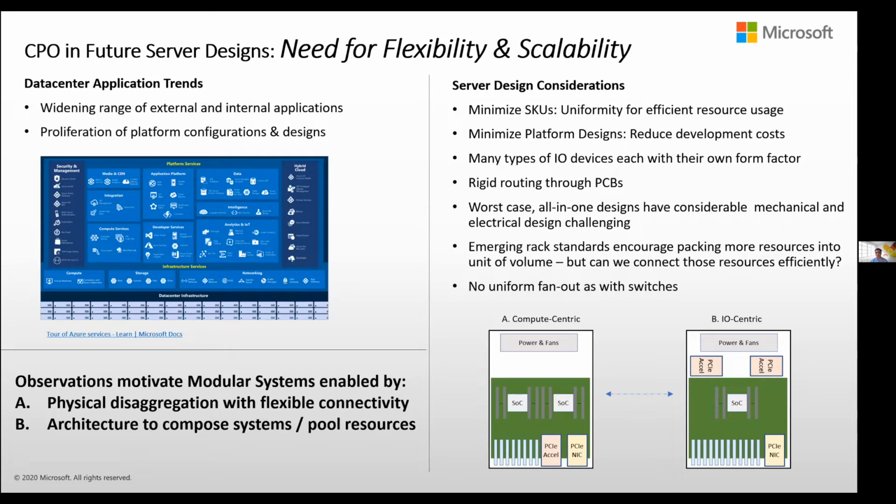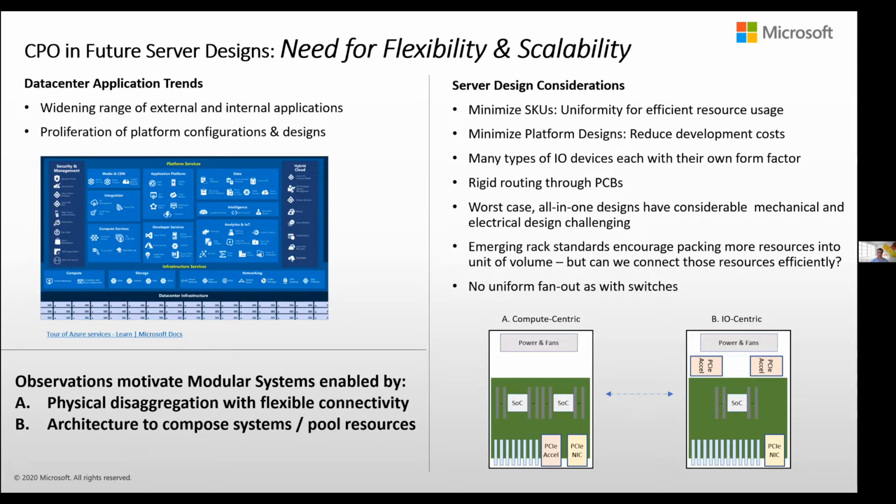The default inclination is essentially, I've got a new application, it requires a new combination of resources. Let's figure out how to take a baseline and configure it differently. If that doesn't work, let's just introduce a new design from the ground up, including boards and things like that. And that's the default trend.